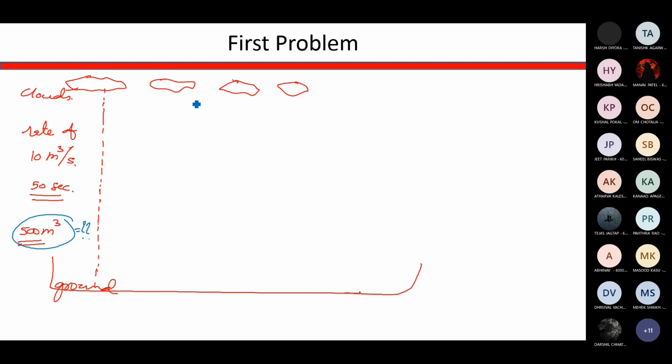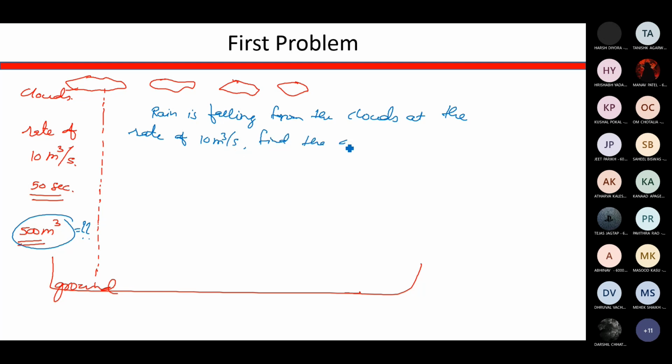Now pay attention to the problem. The rain is falling from the clouds at the rate of 10 meter cube per second. Find the amount of rain collected on the ground after 50 seconds.